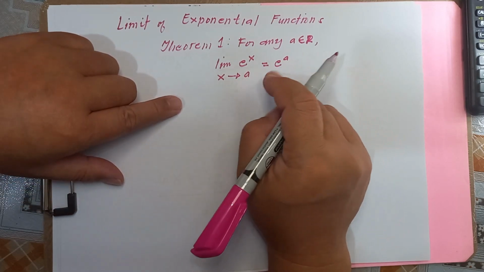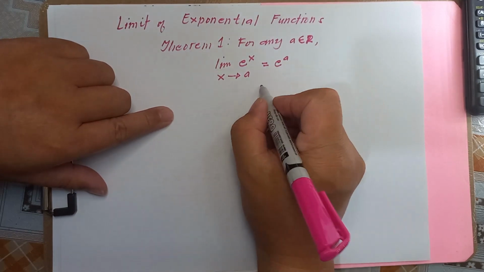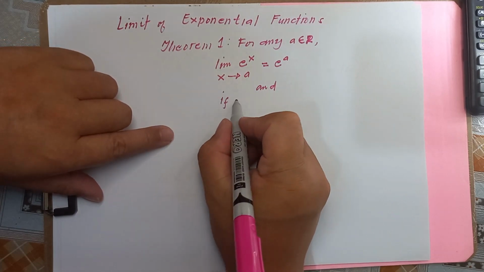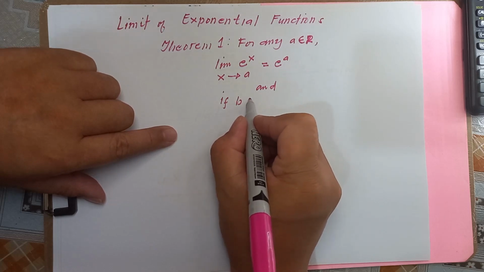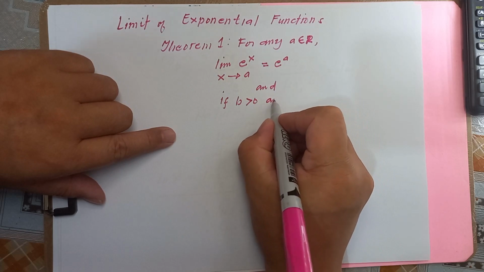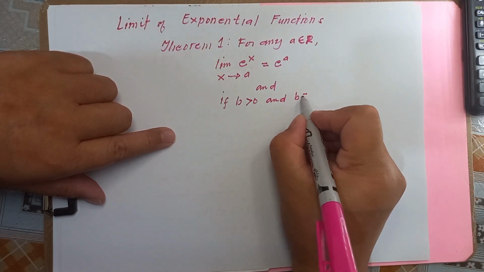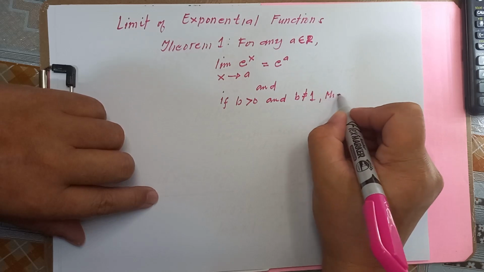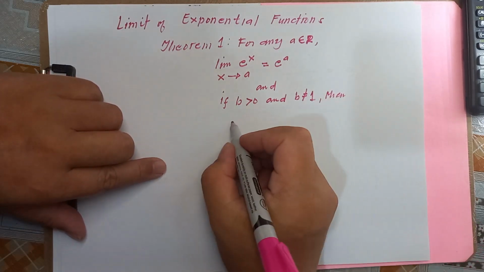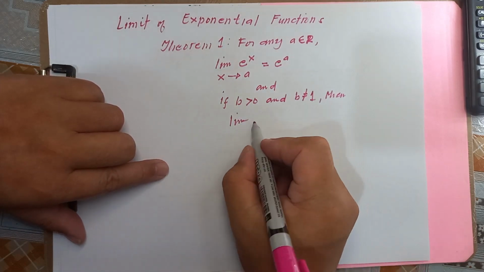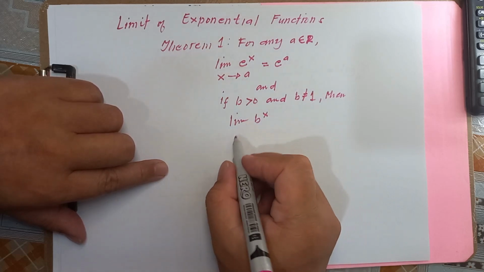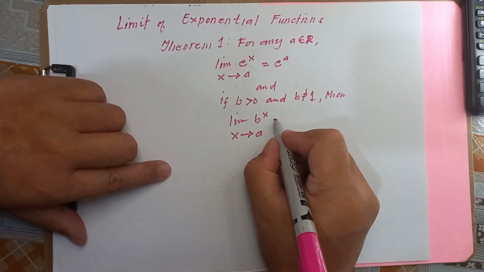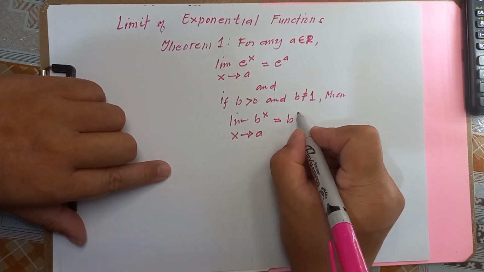Now, notice that this is actually direct substitution. And we have another statement saying, if b is greater than 0, and of course b is not equal to 1, then the limit of b raised to x as x is approaching a will be b raised to a.